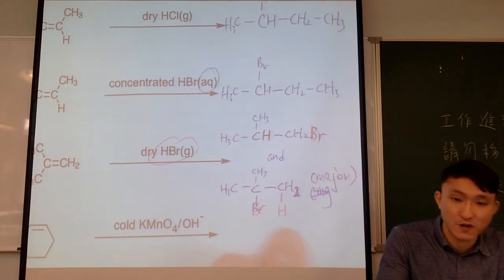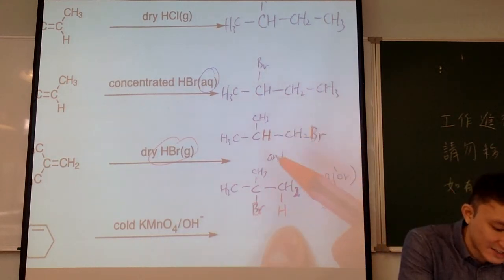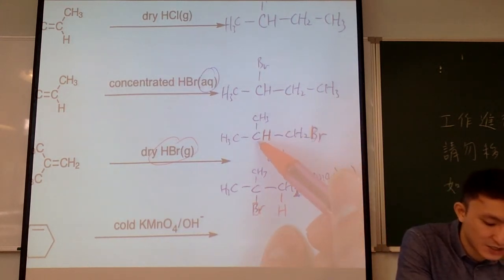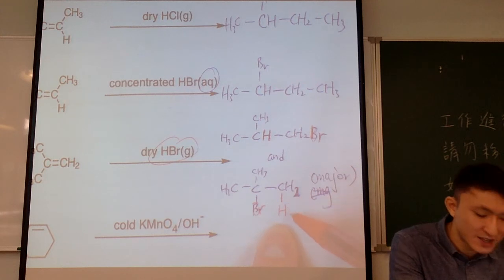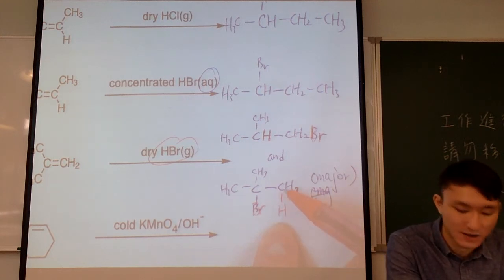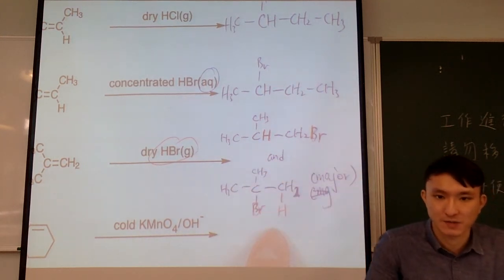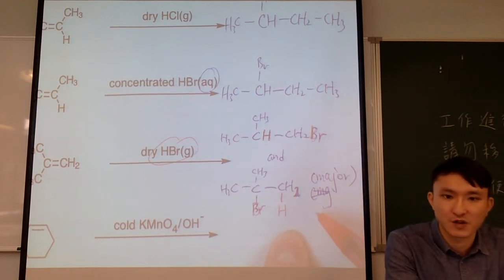Now you notice, if you follow the Markovnikov rule, in this case the H is attached to a carbon with 3 alkyl substituents. Whereas in this situation, the hydrogen atom is added to the carbon with just 1 alkyl substituent. So this one is, of course, more preferable according to the Markovnikov rule. So this one is the major product.